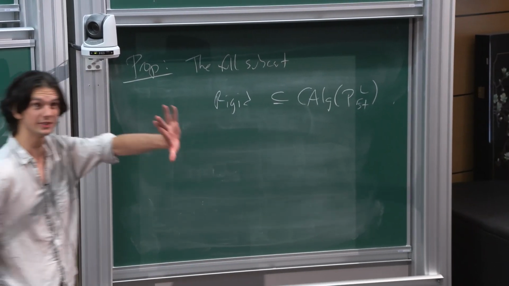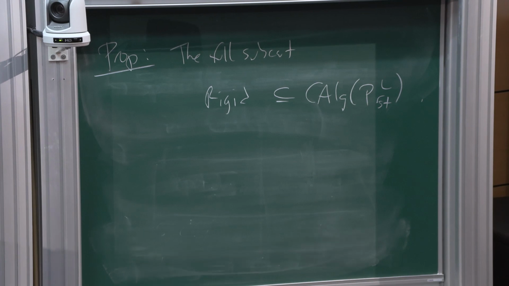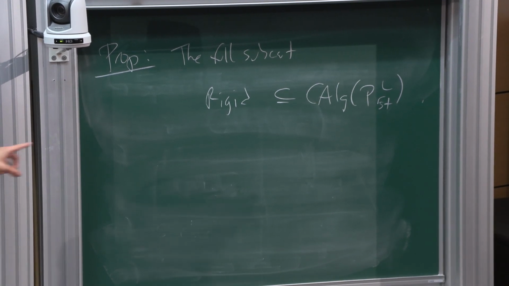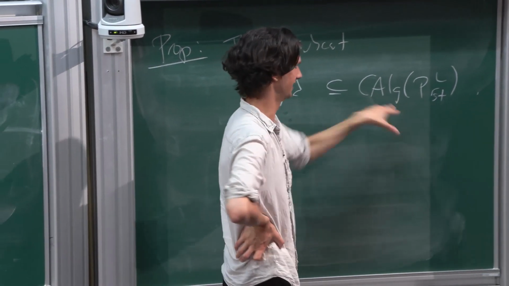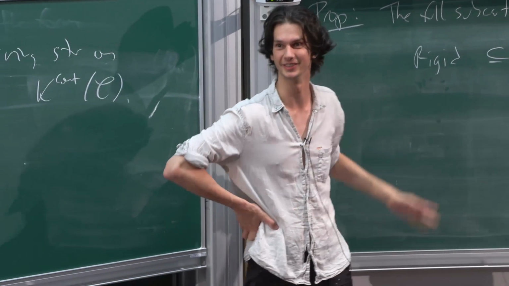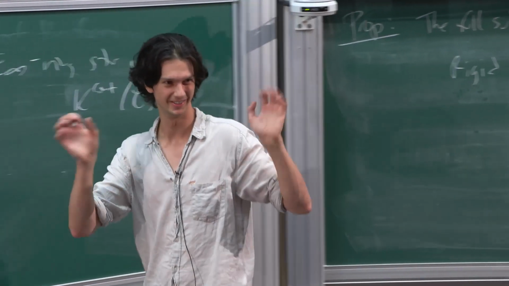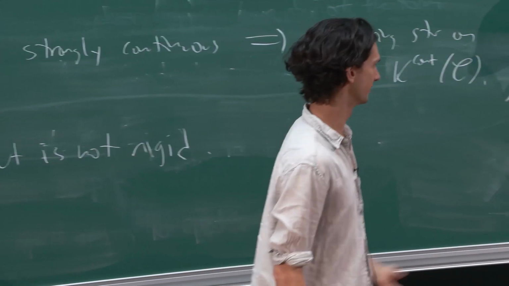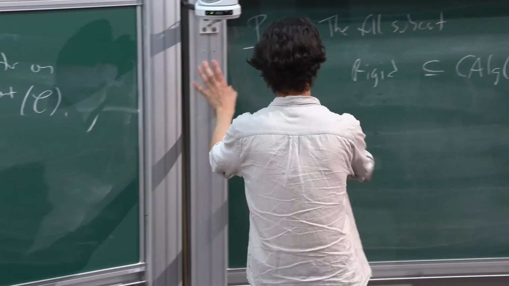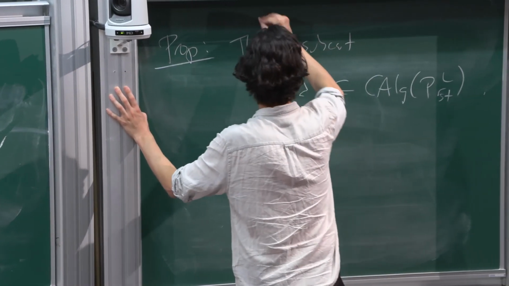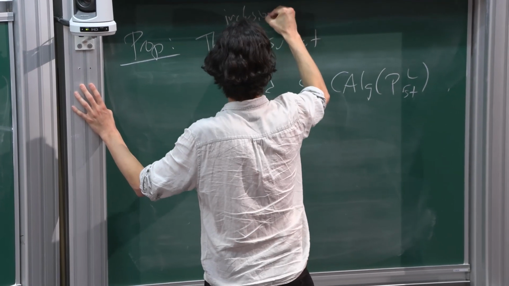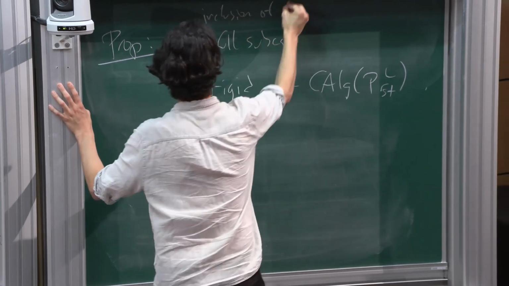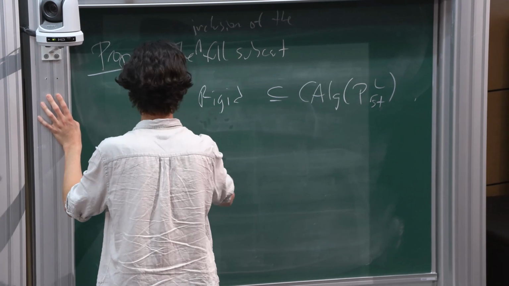And now it really is a full subcategory. Remember I said any morphism here is actually automatically strongly continuous. So now it's really a full subcategory. The inclusion of the full subcategory admits a right adjoint.